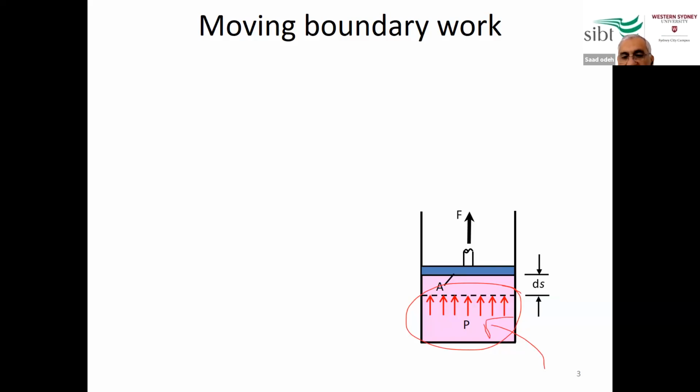The air will expand because of the added heat, and the expansion of the air will push the piston upward, and the piston starts to move. So we call this process involving work moving boundary work. And how to find the work from this?